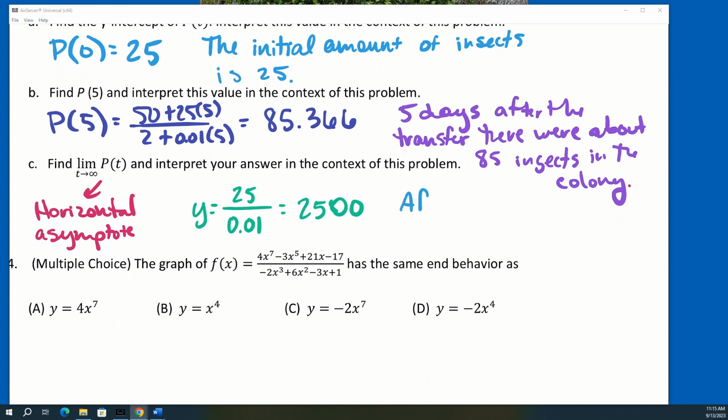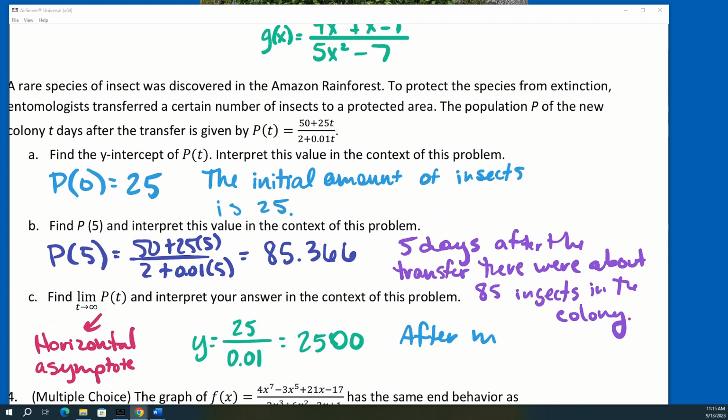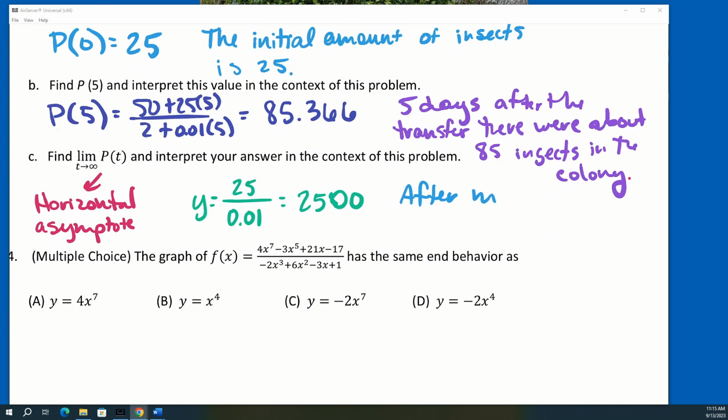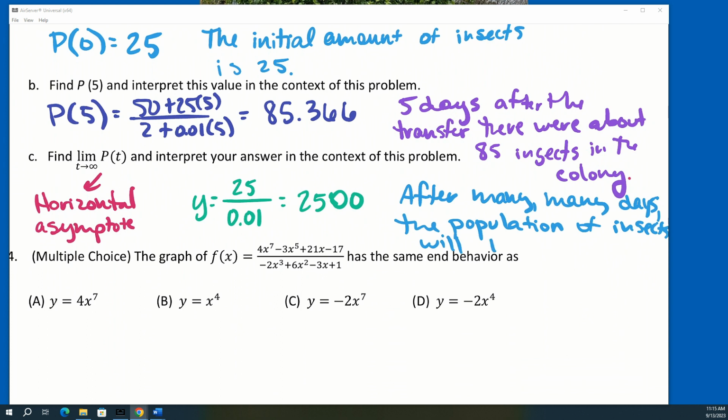I'm going to say after many days, the population of insects will level off at 2,500.